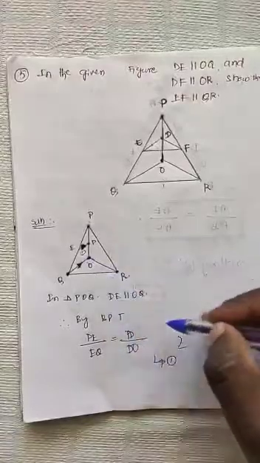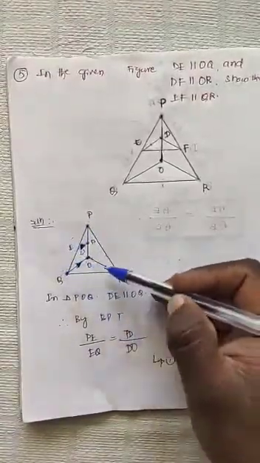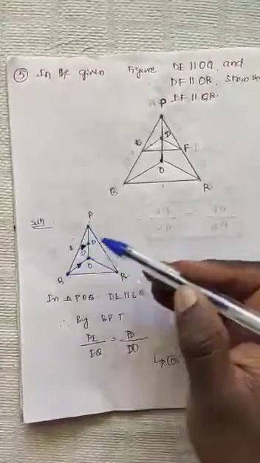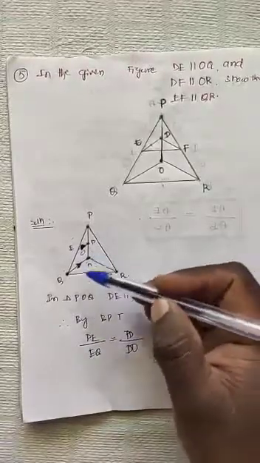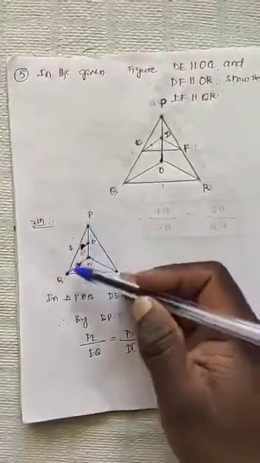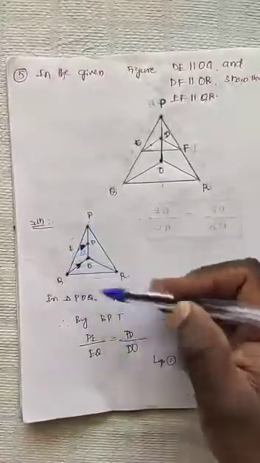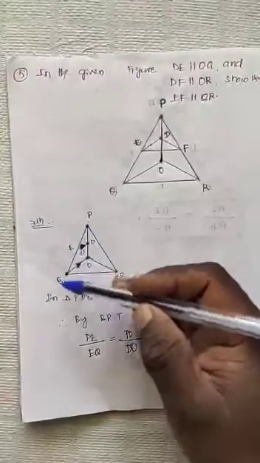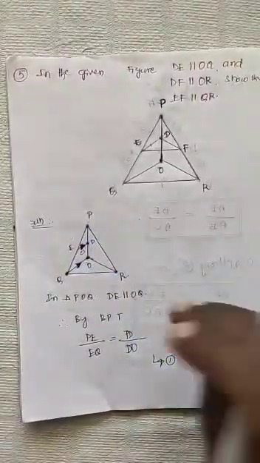By applying the basic proportionality theorem, we get PE by EQ is equal to PD by DO, right? Because we take this first triangle POQ, and DE is parallel to OQ, by applying Thales theorem we get PE by EQ is equal to PD by DO. Call it equation number 1.